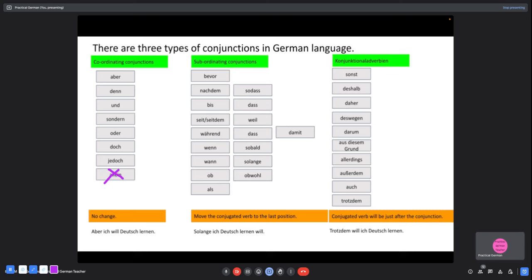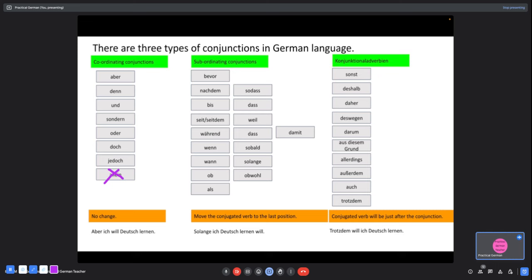"Aus diesem Grund", because of this reason, right? So it is not exactly the conjunction, but I want you to know this phrase right now. It's for when you want to pinpoint a specific reason. Let's say you and your friends decided to meet at a place, four of you, and two of you were already there, and you happen to go with the person who is always late, so you reach the place late, and the other guy asks why are you late?